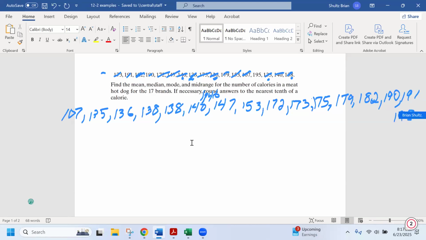Okay, so I put them in order. I come back here and change this. I've got a 146. I need to do some erasing up here so I can read my numbers. I've got a 140, a 146, and a 147.